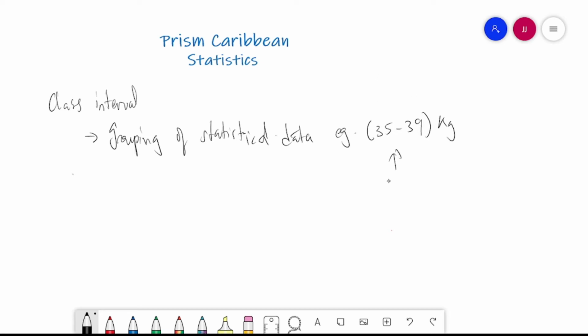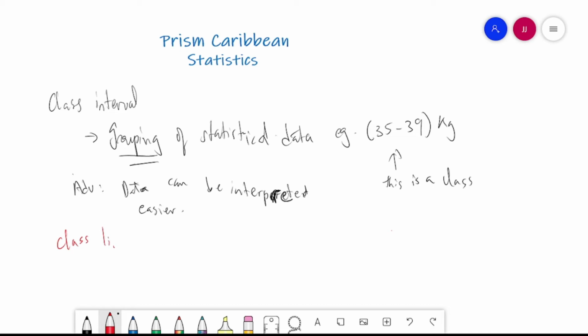Why is it a class? Because it is a grouping of statistical data. And an advantage of this is that the data can be interpreted easier.